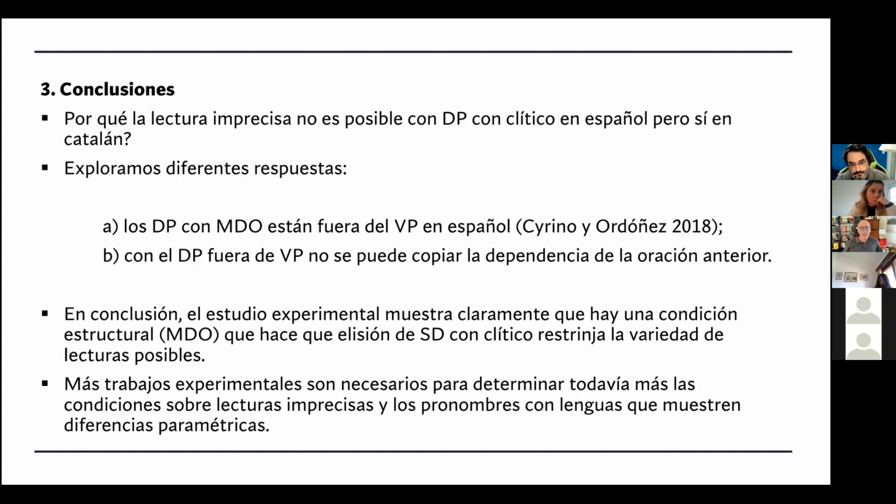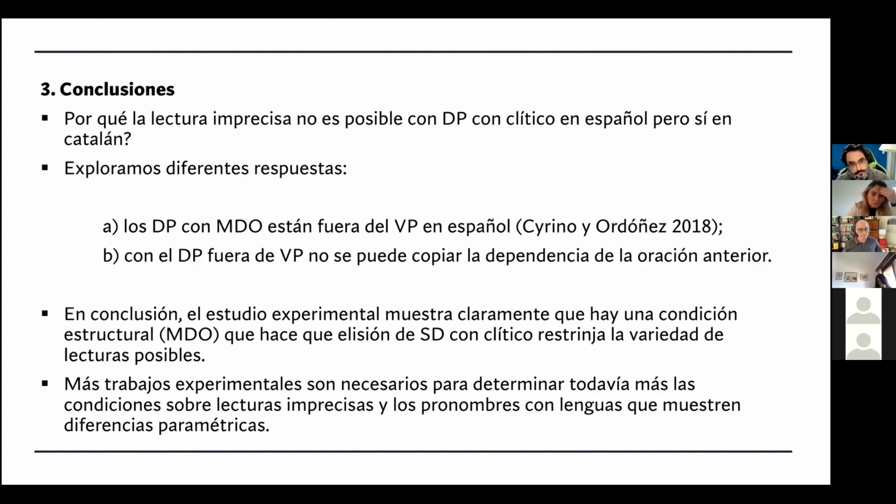Y aquí, en el artículo que había trabajado con Sonia, habíamos explorado diferentes respuestas. Un aspecto de la respuesta claramente tiene que ser lo que han propuesto muchas personas que han trabajado con el marcado diferencial de objeto: que los DPs que están marcados con marcaje diferencial de objeto están en una posición externa al sintagma verbal, opuesto a los sintagmas determinantes que no. Y de hecho, Sonia utiliza esto para hablar del portugués brasileño, las diferencias entre animacidad.